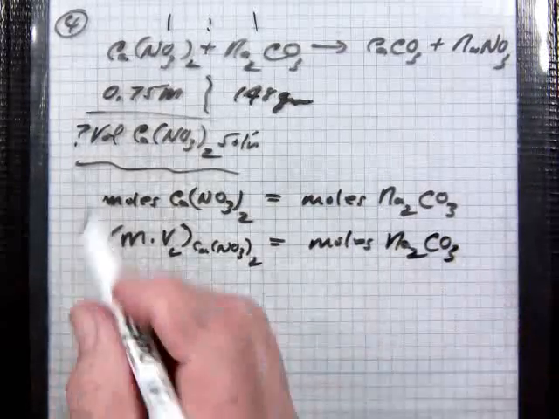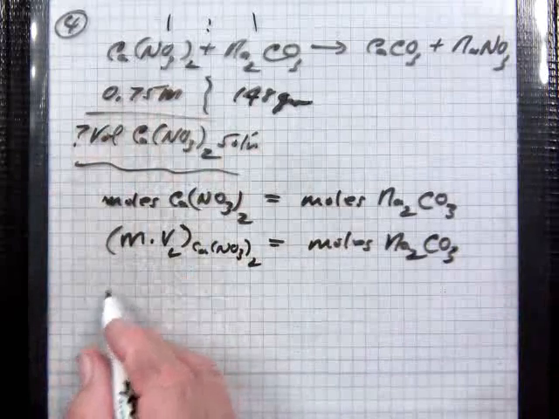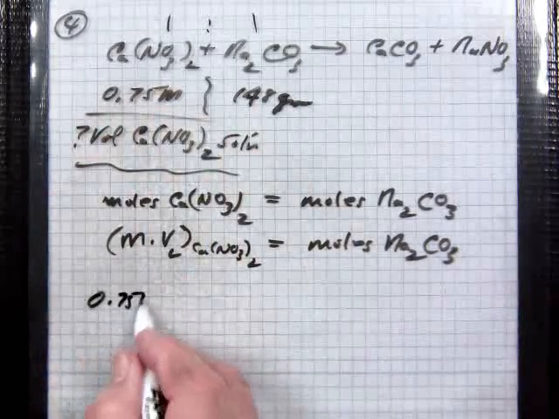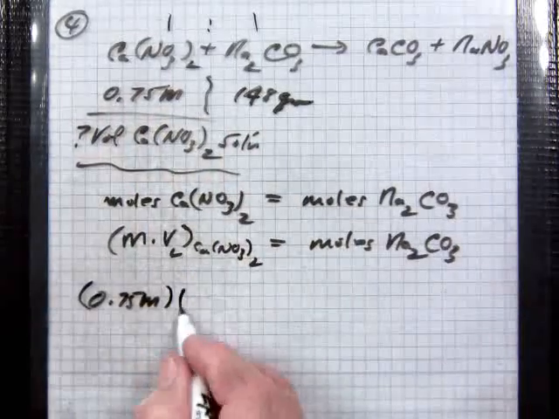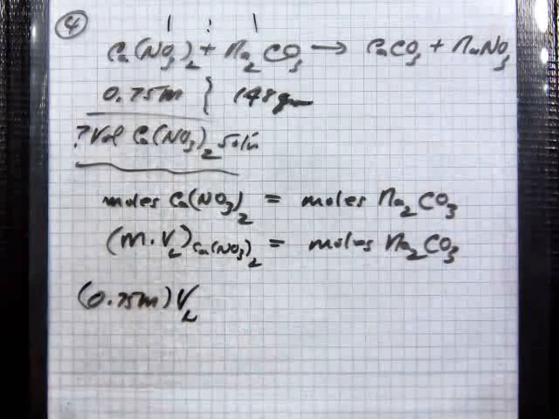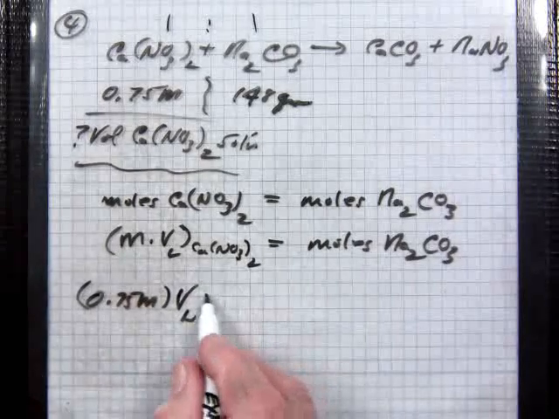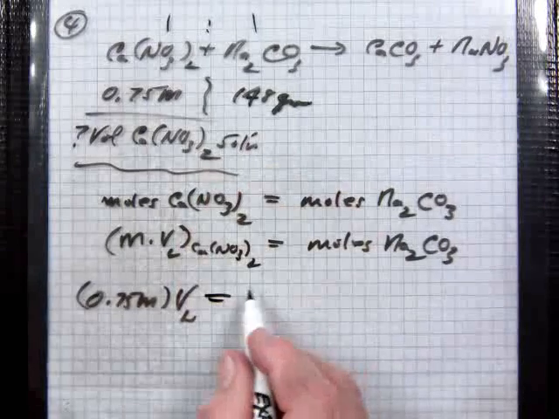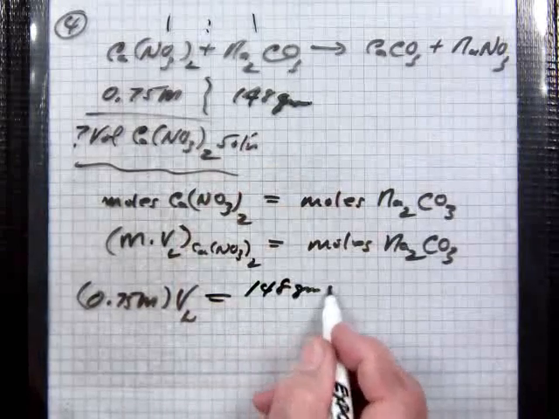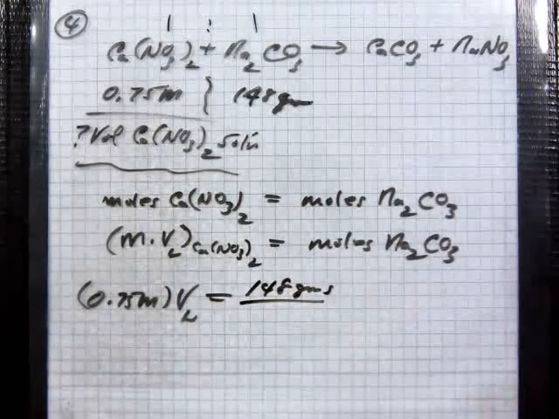Now, putting in our data, we have the molarity 0.75 molar times the volume. When we finish our calculation, we have liters, okay? And moles of that would be 148 grams divided by the formula weight, sodium carbonate.